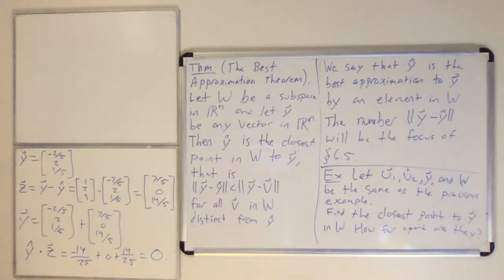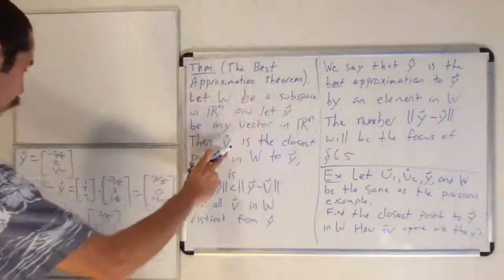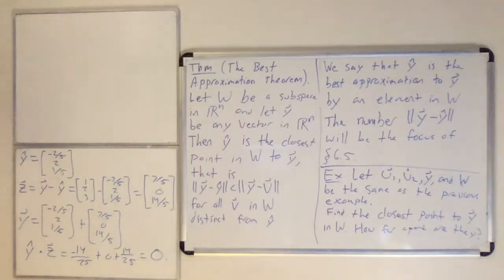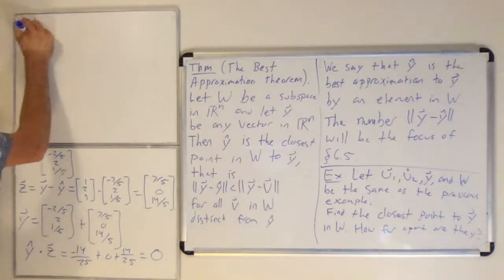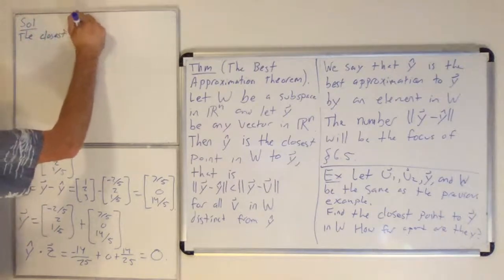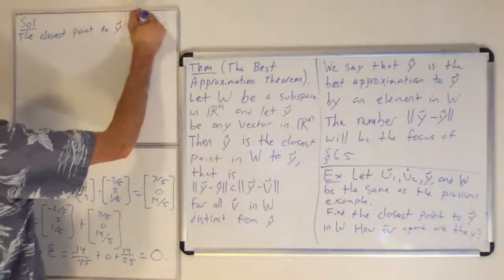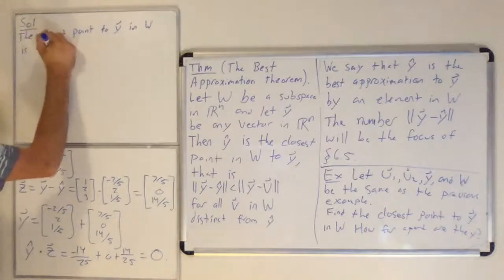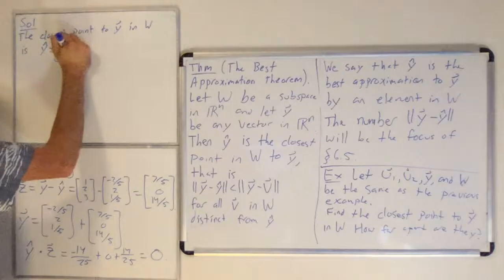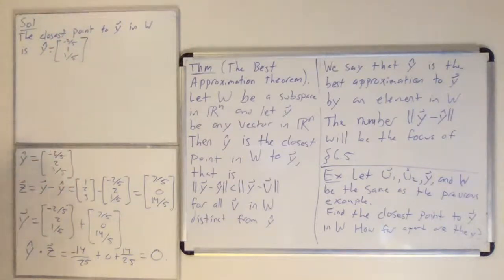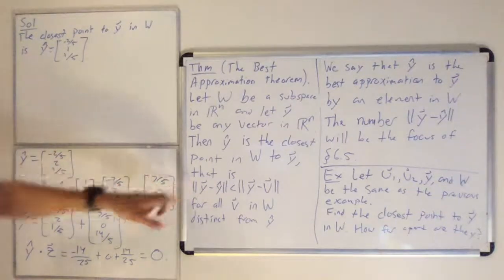The y hat we got in the last example is the closest point in W, right? That's what the best approximation theorem tells us. So we already have the answer for y hat. And then how do we find the distance? We want the length, but not the length of y hat. We want the length of y minus y hat, which we called z.